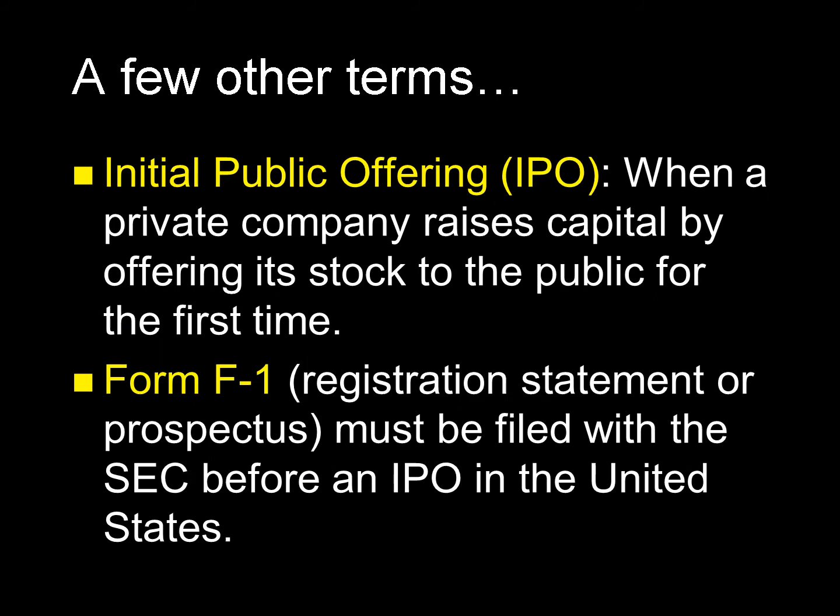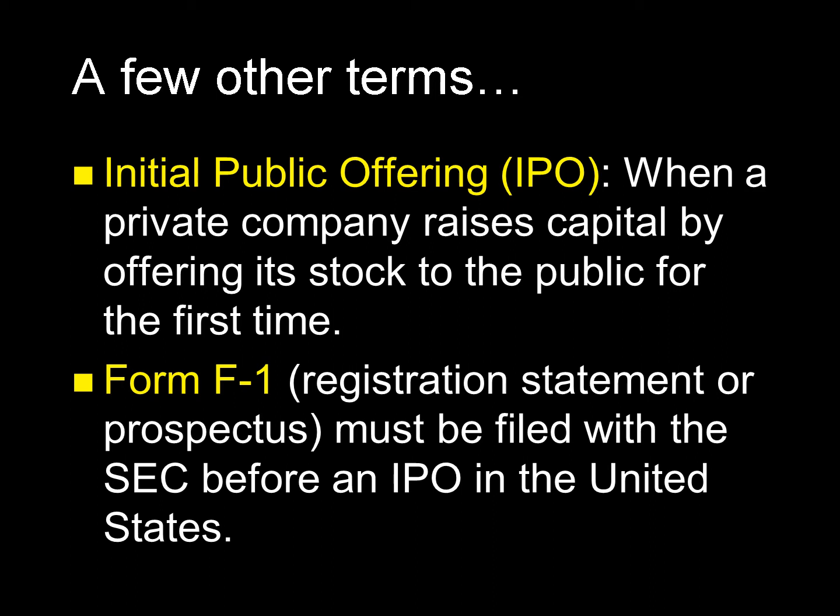All right, now there's a few other terms that might come in handy as you're dealing with the SEC database and some of the filings. You may have heard of something called an initial public offering. This is when a company decides to go public and raise money by offering stock for the very first time. That's called the IPO.